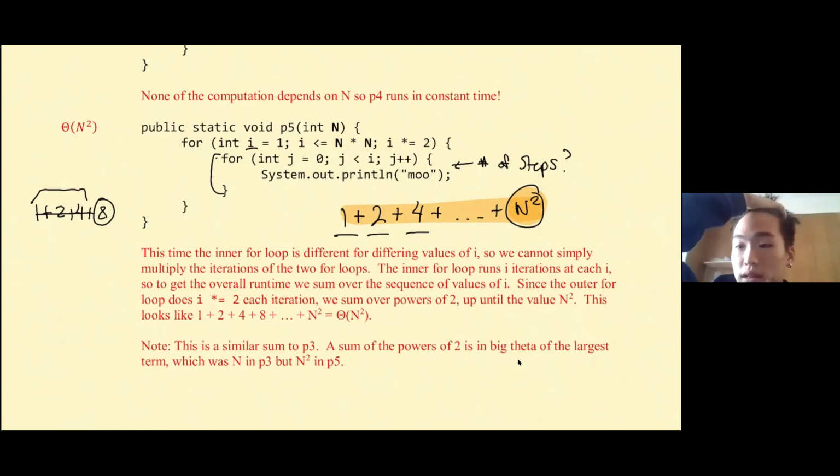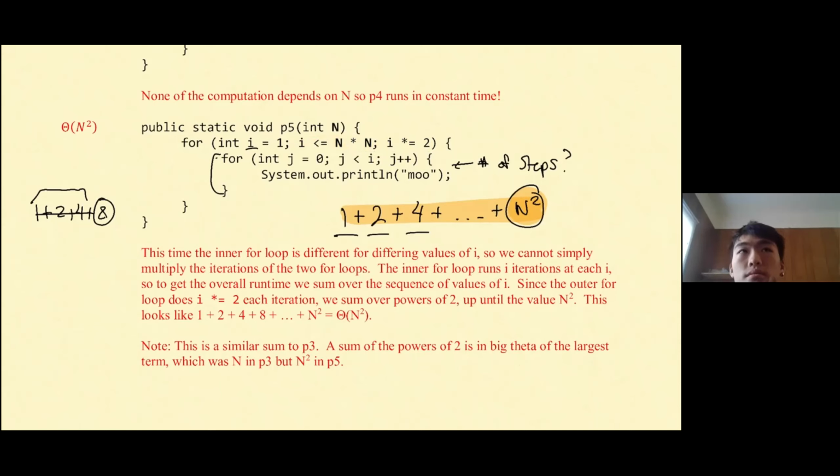If you lock into this log n mentality, it doesn't work because each iteration of the for loop doesn't do the same amount of work. So you can't do log n times 5 or something, because we don't do 5 work every time we enter the for loop. We can't really use that log n mentality if the for loop is doing a variable amount of work each iteration. Does that make sense?